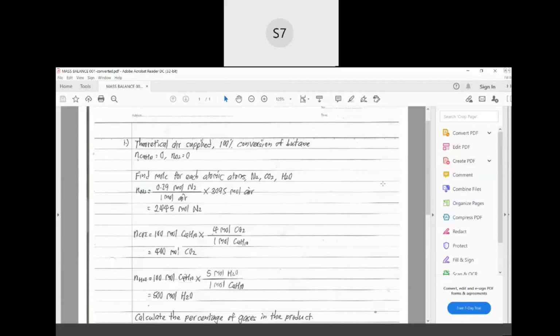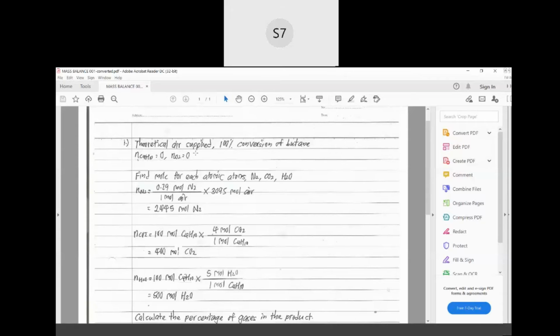Semula nampak kah? Boleh? Okay. Saya start dulu ah. For question number 1, since conversion of butane is 100%, the moles of butane and oxygen will both be zero.